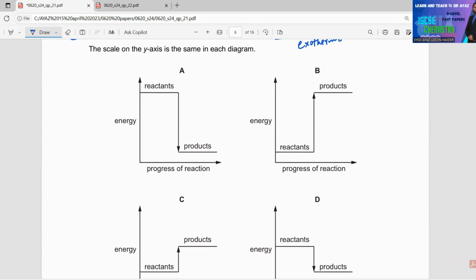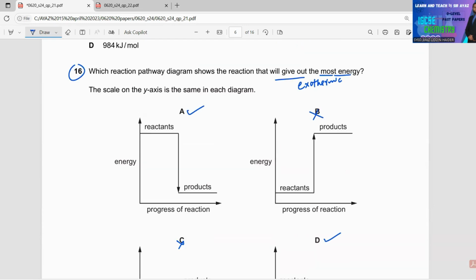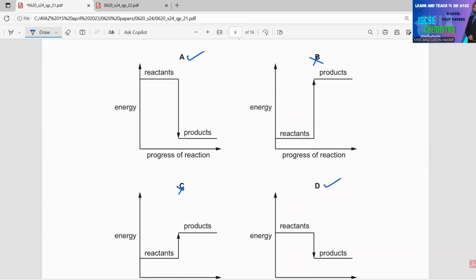So automatically you're going to omit choices B and C. So either A is correct or D is correct. One more thing, you are saying give out the most energy. So if you look at choices A and D, A is the one in which most of the energy is released to the surroundings. So A must be the right answer in this case.